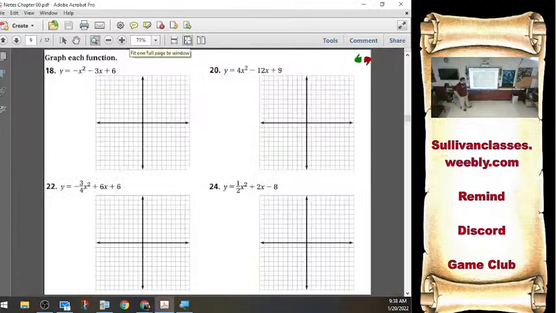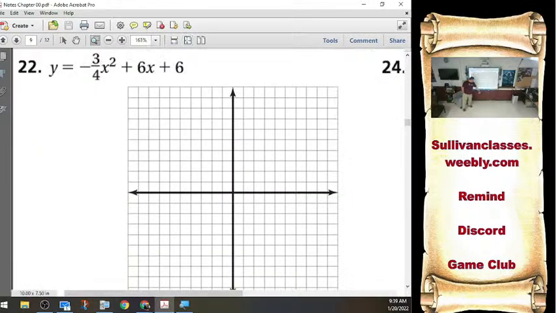So, dare I ask, can we handle a fraction? We're not going to get to solving today. We just have to do all this work remembering how to graph quadratics. Get them.